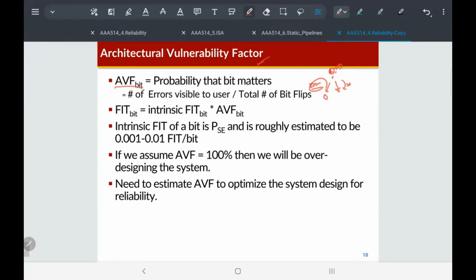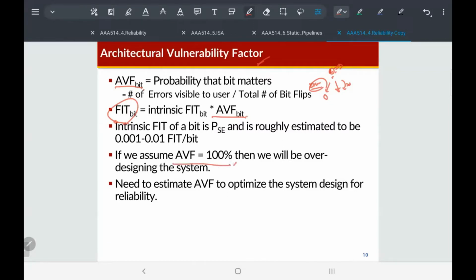So actually, the error FIT of the bit is the intrinsic FIT, the entire fault rate by bit flips, and this is multiplied by the AVF, the architectural vulnerability factor.